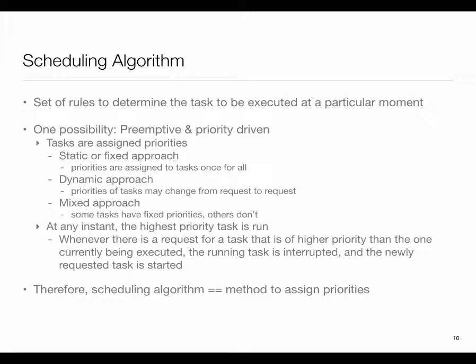So within this framework, different scheduling algorithms basically boil down to different ways of assigning the priorities, right? Because otherwise the strategy is the same. All I'm promising is that we'll run the highest priority task. So the only way scheduling algorithms differ is how they assign the priorities.